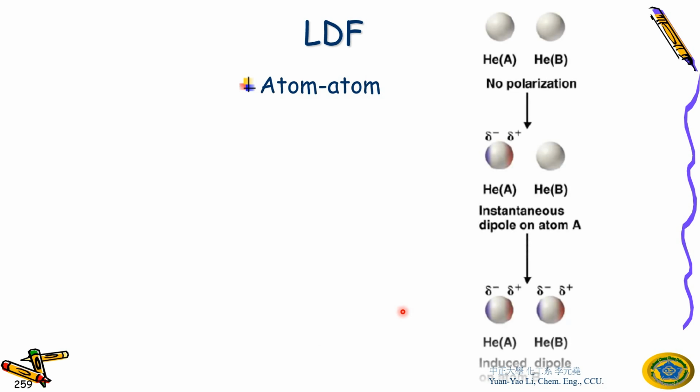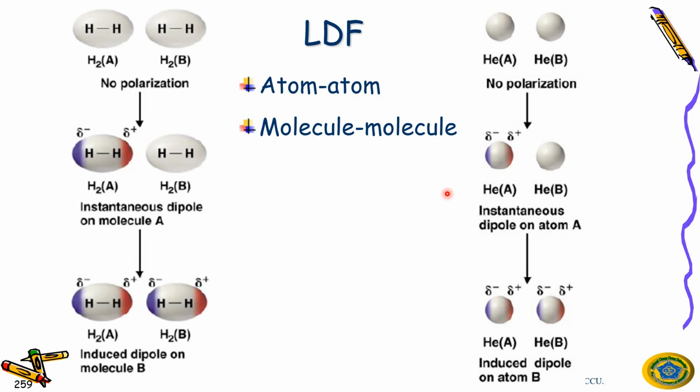Okay? So LDF here, I just give an example. Atom to atom, for example, helium, right? Helium at time equal to x at a certain moment, this is a negative end, positive end, and this will be induced. So this becomes negative end and positive end. So induced dipole. How about the molecules? An example molecule is hydrogen.